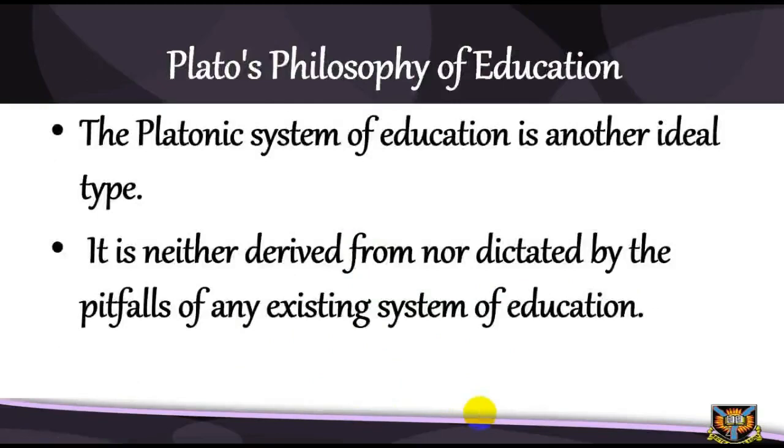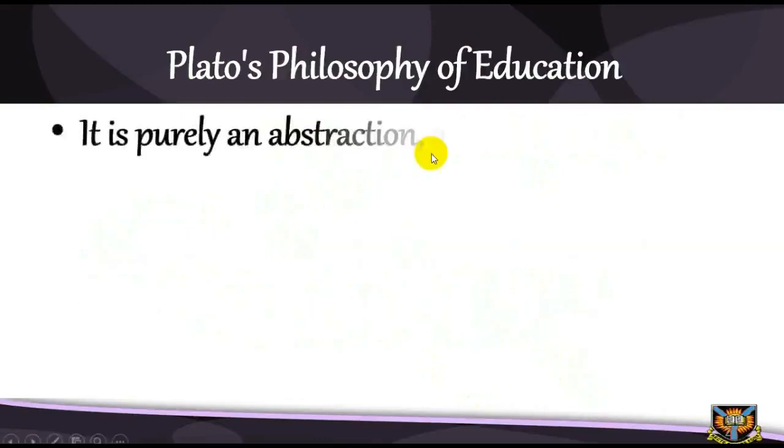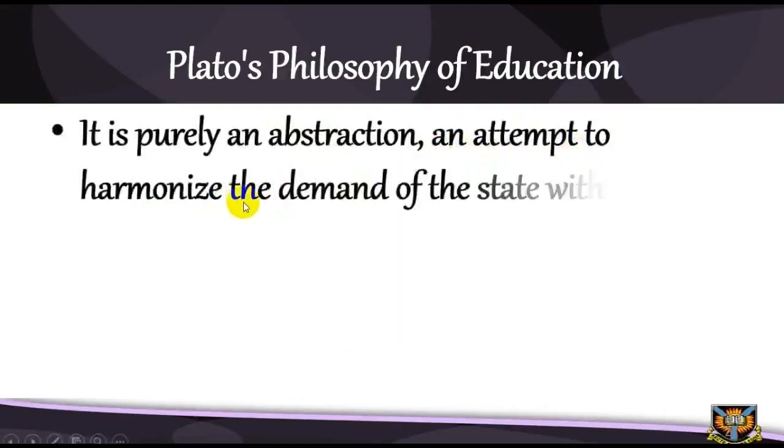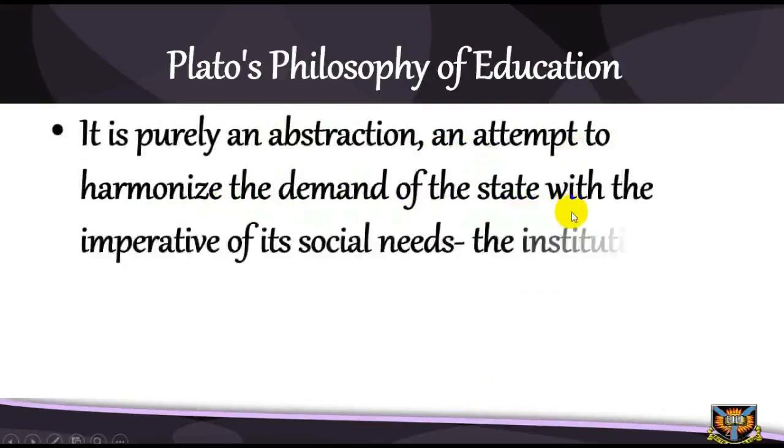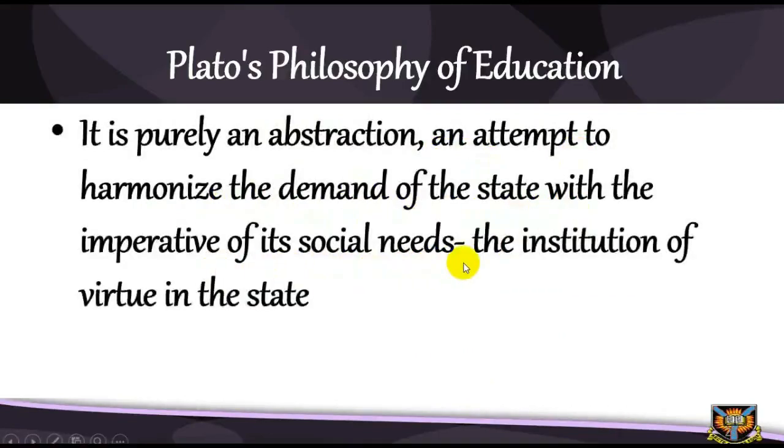Secondly, the Platonic system of education is another ideal type. It is neither derived from nor dictated by the pitfalls of any existing system of education. It is purely an abstraction, an attempt to harmonize the demands of the state with the imperative of its social needs, the institution of virtue in the state.